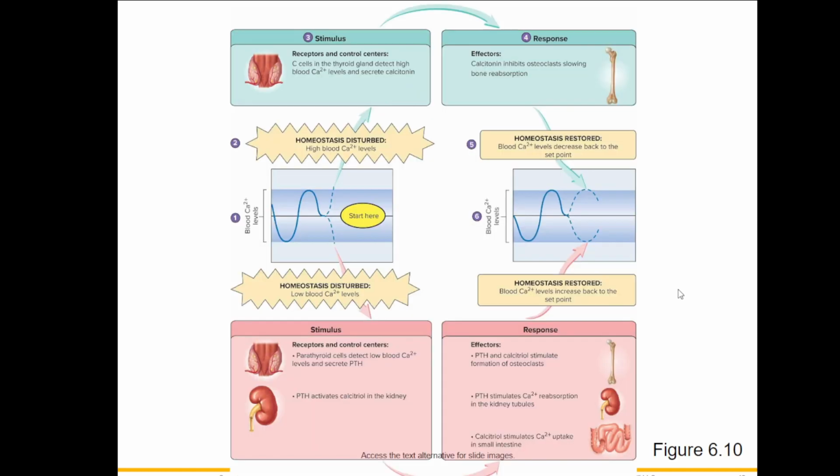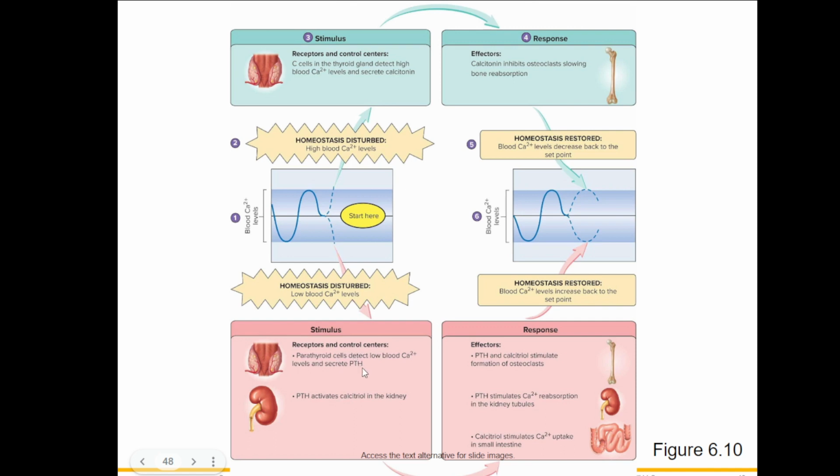As for our last slide, here we have the response of the body. So let's start with this. If the blood calcium levels go down, what does the body want? The body will be able to detect that there are low blood calcium levels. So it will send a signal to your parathyroid gland and it will secrete your PTH.